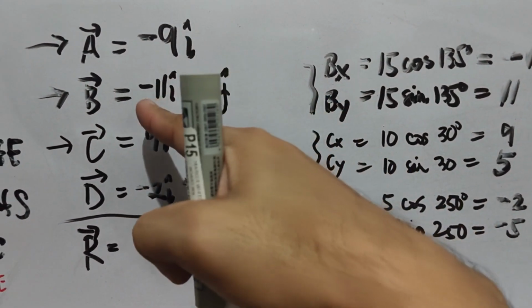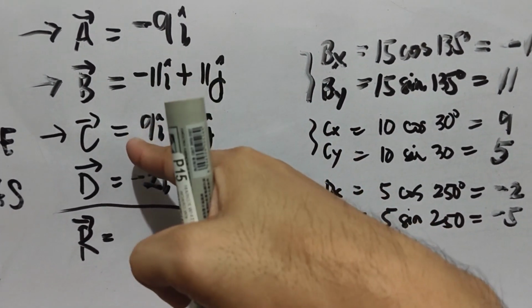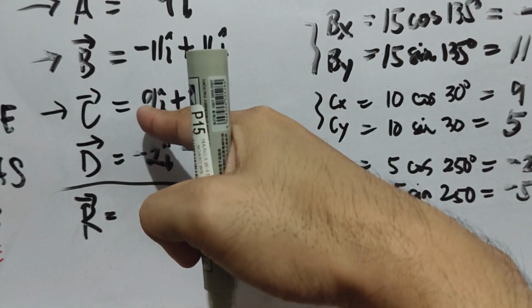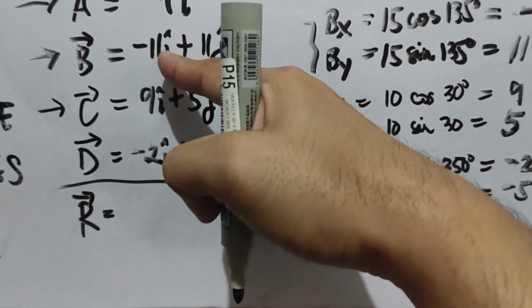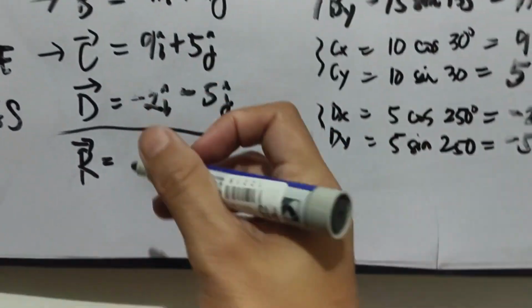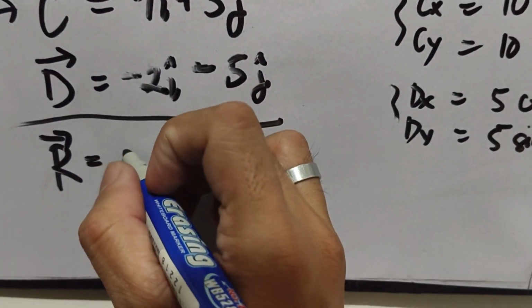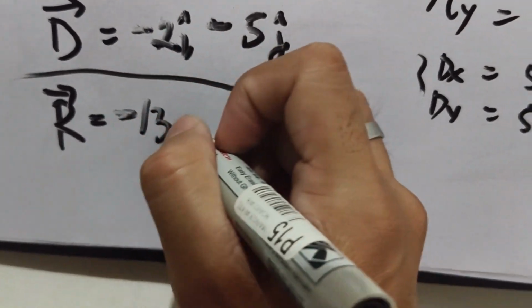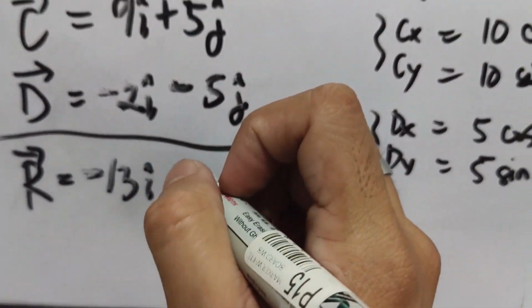Negative 9i minus 11i plus 9i minus 2i. So cancel yung 9i. Matitira ay negative 11i minus 2i, so we will have negative 13i hat.